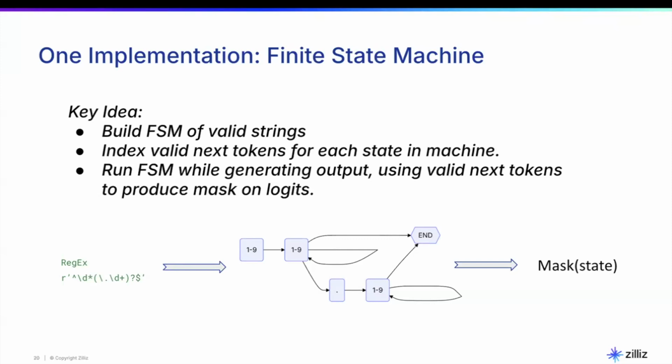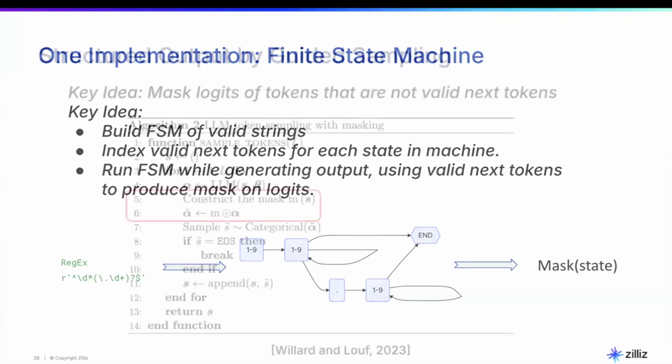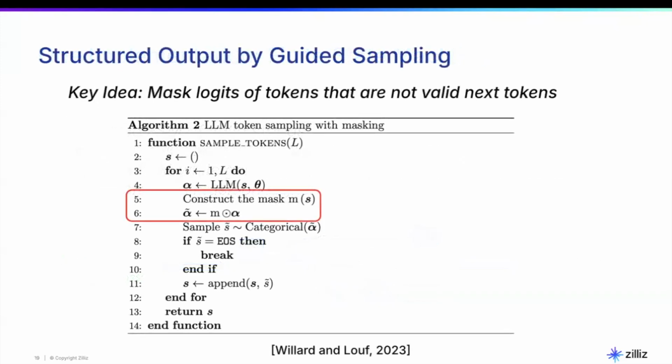Once we've got that, we can produce a mask function that all it needs to know is the state. Given the state, it will produce that mask, which when you apply it to the sampling process, you'll be guaranteed to have that specified structure.